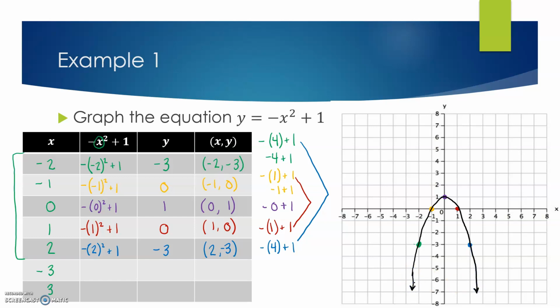So if I were to plug in negative 3, I would get negative 3 squared plus 1. Well, that would give me negative 9 plus 1, which is negative 8. So that's going to be here. And then I should get the same number for 3.